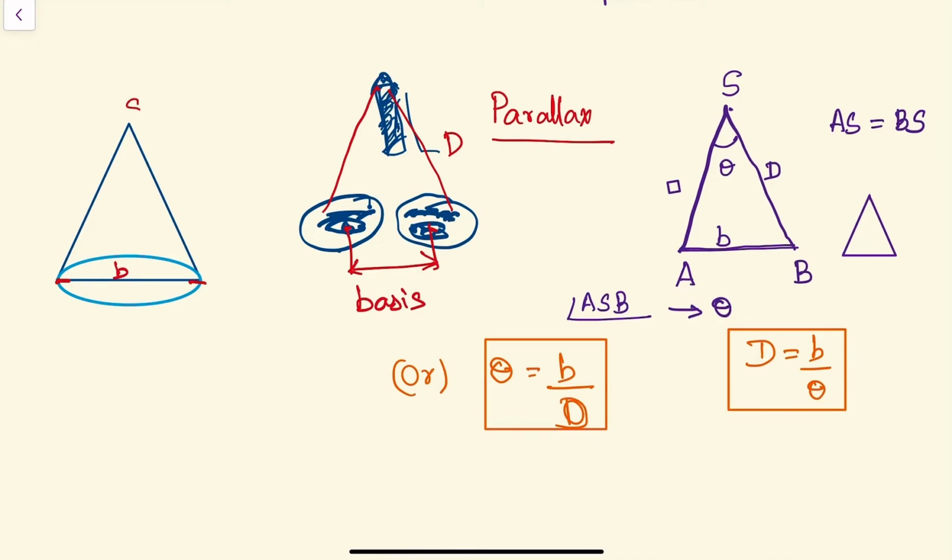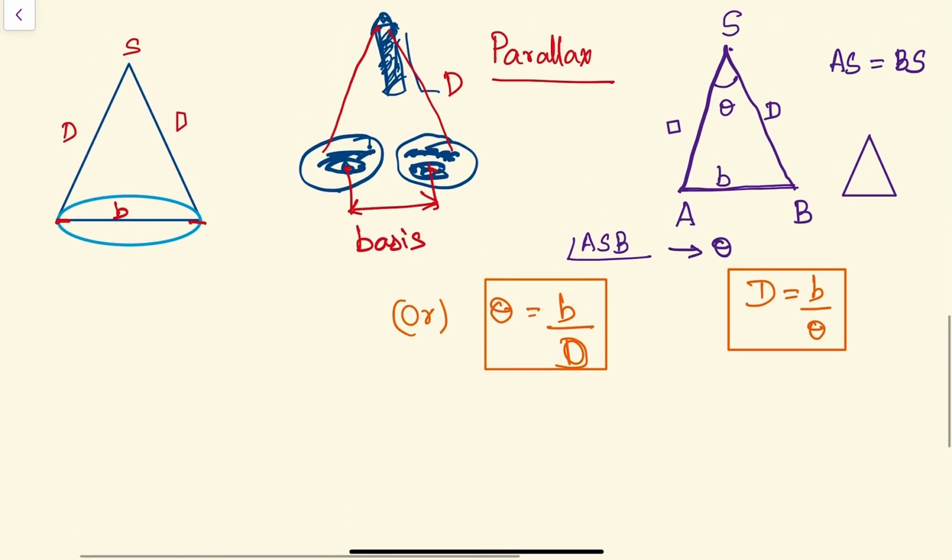This is called S, and distance D is the distance between them. You can easily find out with the simple concept theta is equal to B by D. Out of 3, if 2 are known, the third one is easily found.